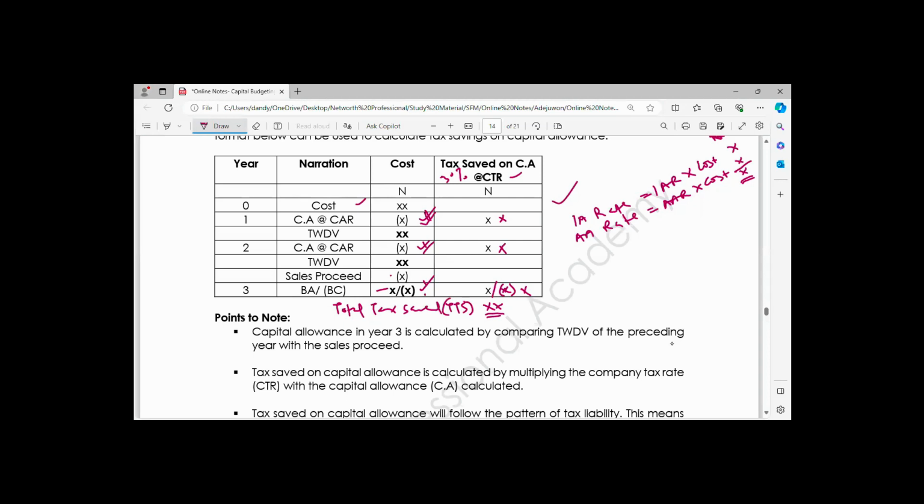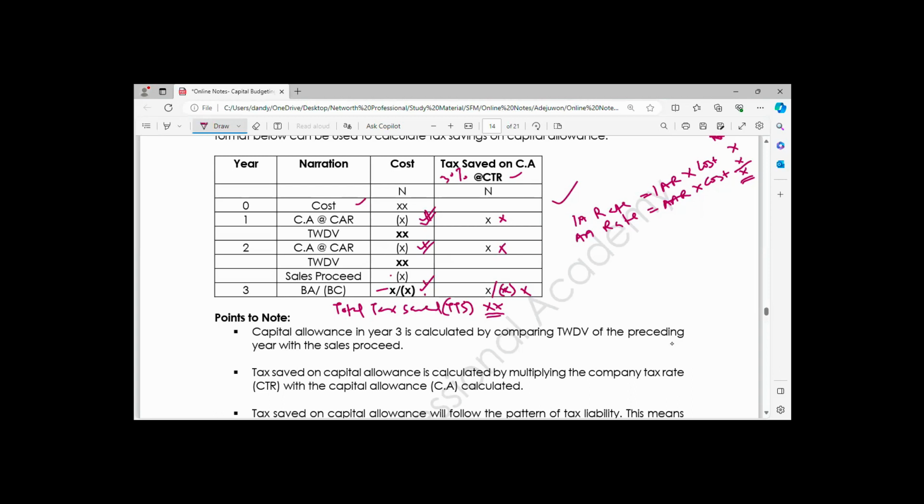Now, it is important for you to ensure that you don't claim beyond the capital allowance a company is entitled to. For this purpose, it is important for you to confirm the capital allowance that you're about to claim so that you don't exceed the total capital allowance claimable.